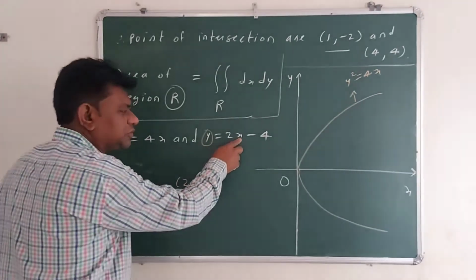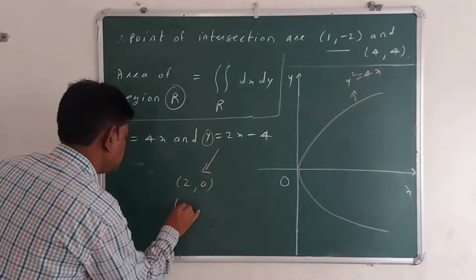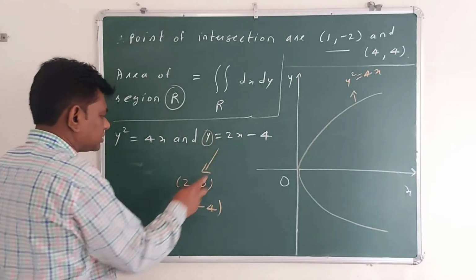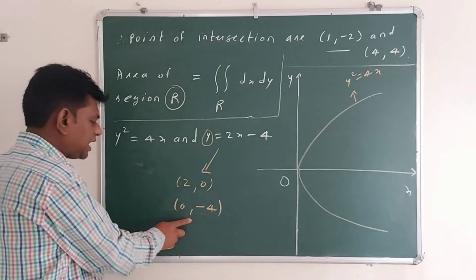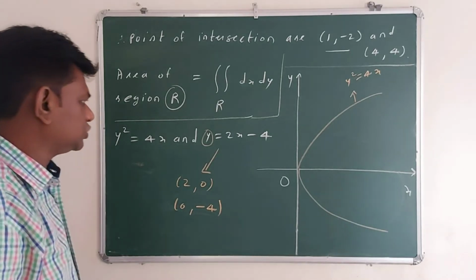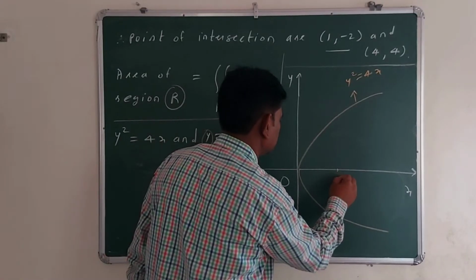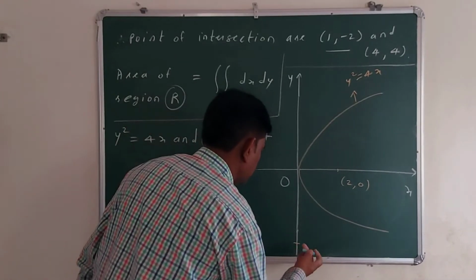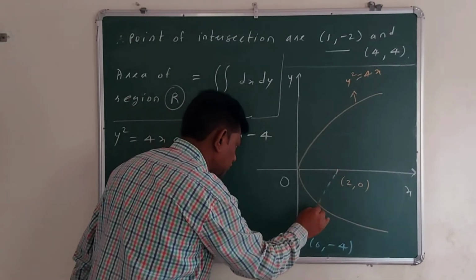By substituting x equal to 0, we get y equal to minus 4, that is the point (0, minus 4). So this line cuts the x-axis at the point (2, 0) and the y-axis at the point (0, minus 4). Now we draw one line passing through these two points.